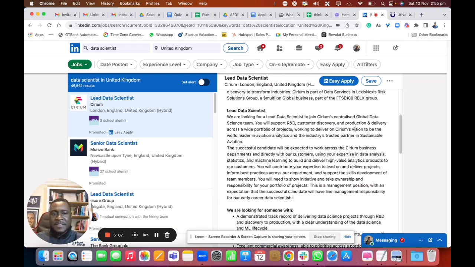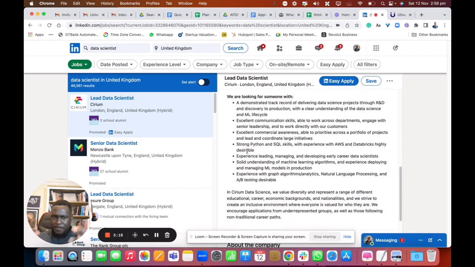So working to deliver on the vision of the organization, innovation and analytics, and the industry trusted partner in sustainable aviation. But let's take a look at the core of what these guys are looking for. Number one, they say a demonstrated track record of delivering data science projects.